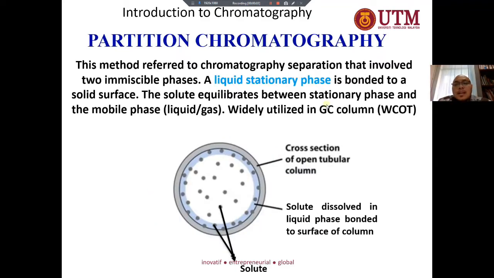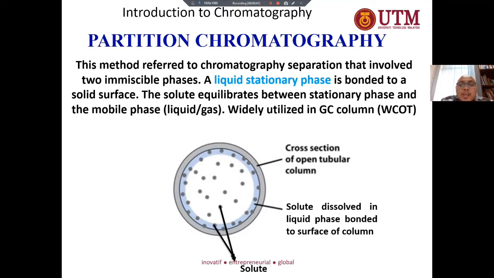Okay, let's look into the first interaction of chromatography. The first that we will learn today is partition chromatography. Partition chromatography refers to a chromatography separation technique that involves two immiscible phases. If we read a book, or we look in most of the references, they mention that partition chromatography involves liquid-liquid separation.